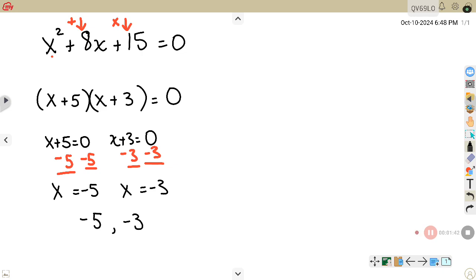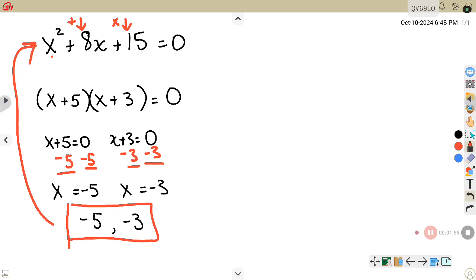Now, what we're going to continue with in this section is, if I am given the zeros, how do I turn them back into the polynomial function or the equation that they came from? We're going to start off by taking this negative 5 back to the factor that it came from.